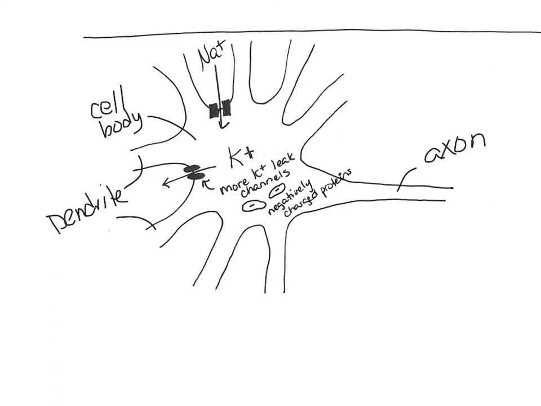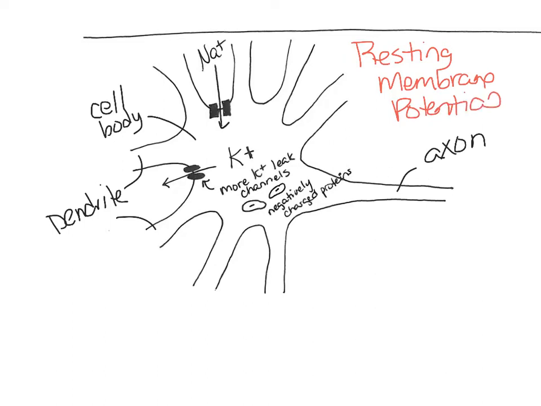So when we talk about the resting, this is the resting membrane potential. And we said that the resting membrane potential is a negative 70 millivolts. There's a lot of things on the inside of the cell.